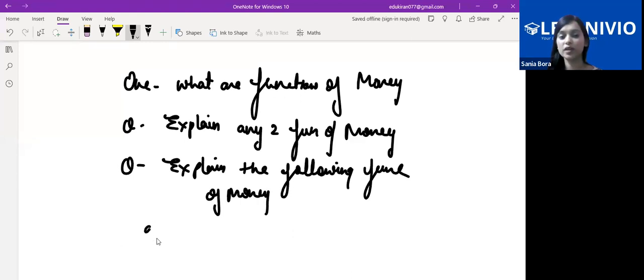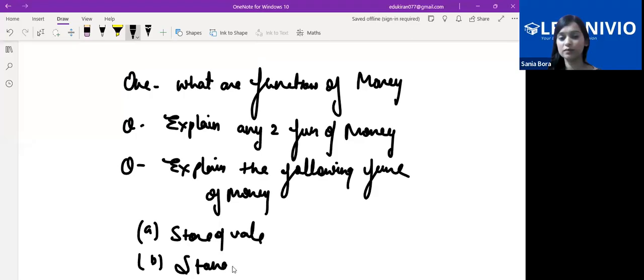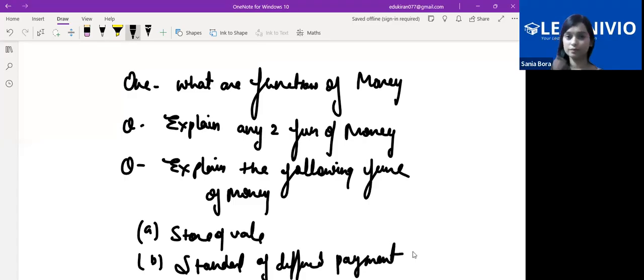And over here they will write this: A, store of value. B, standard of deferred payment. Getting my point?